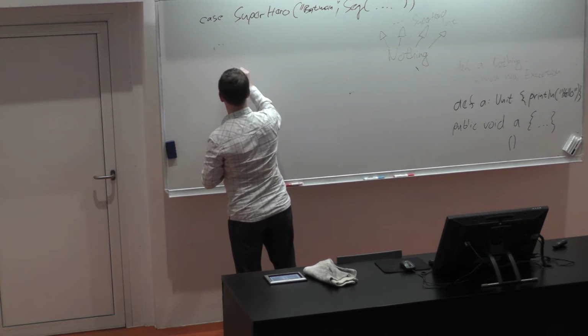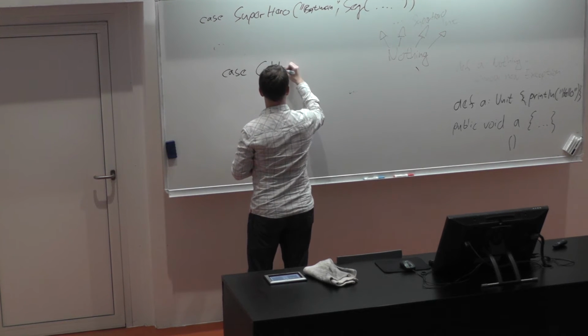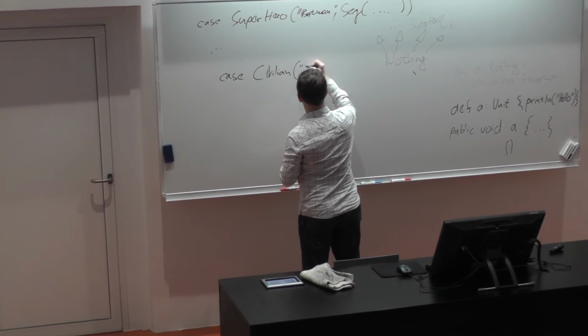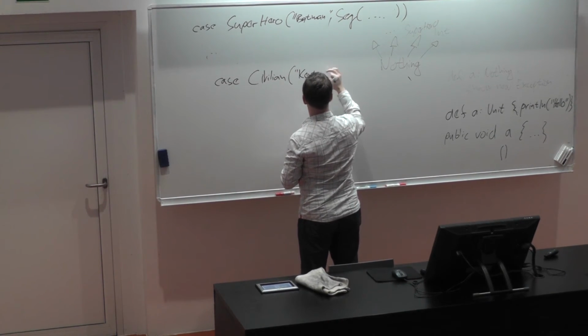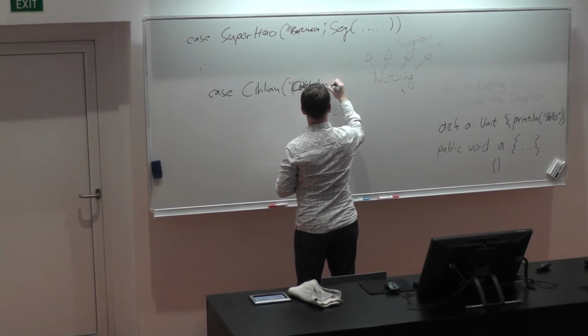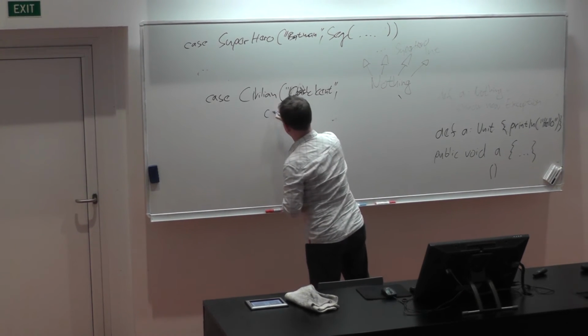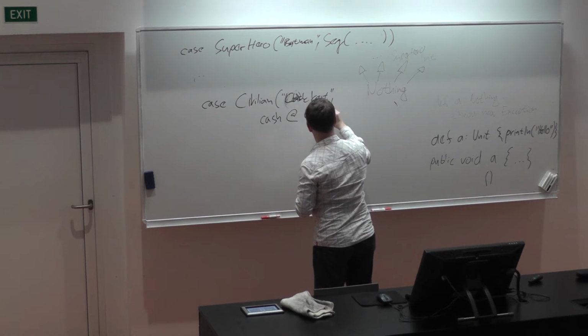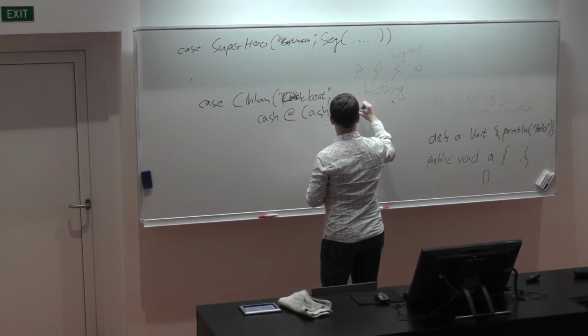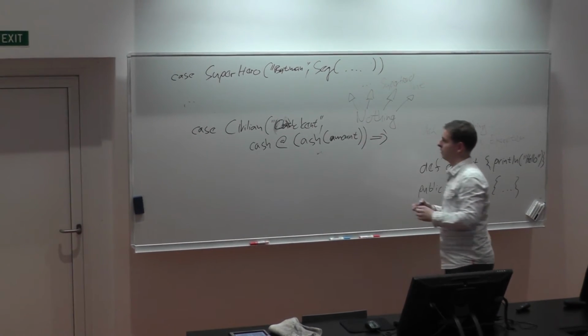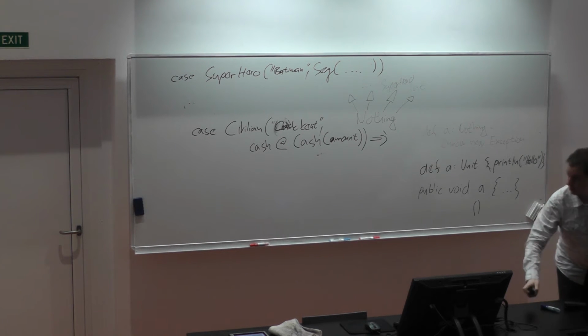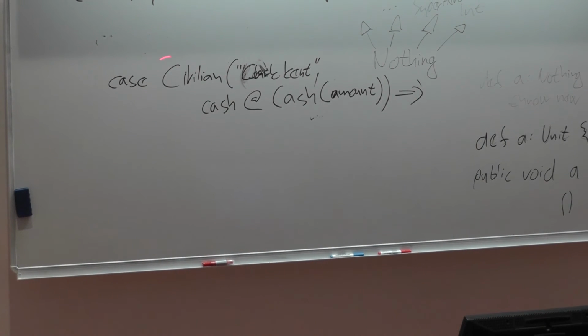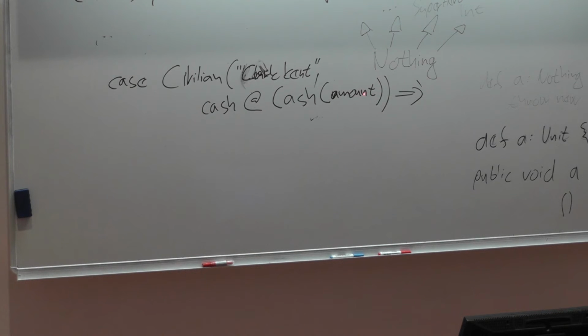We had a civilian. So this pattern will match a civilian whose name is Clark Kent and whose wealth is a cash, and it will extract from the cash the amount, and the whole cash will be put into the new variable cash.